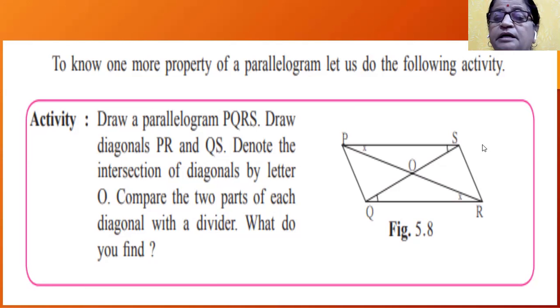This is PR and this is SQ, and they intersect at point O. These diagonals are intersecting at point O, and you compare the two parts of each diagonal. Means you have to compare OP and OR, and OQ and OS. Compare these, and check what you find.